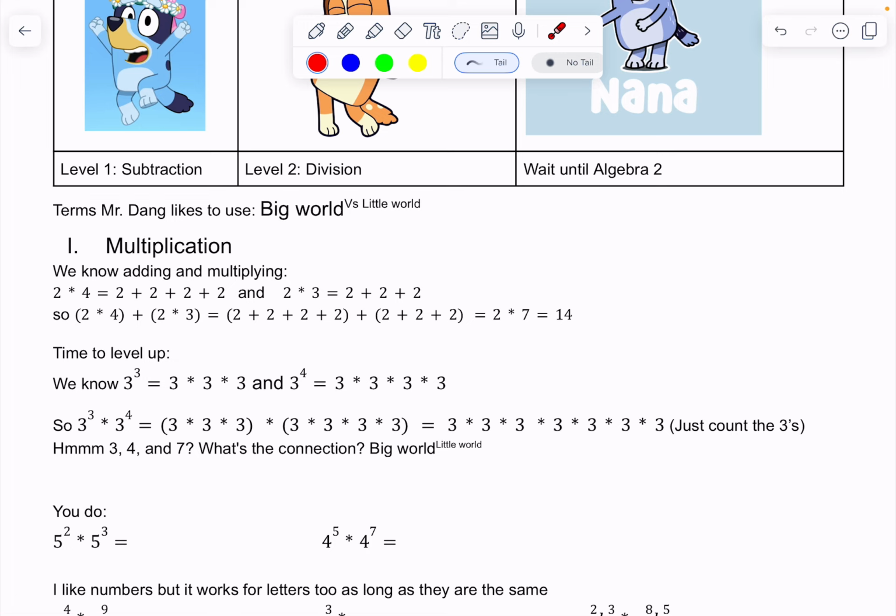I can just take what I had written earlier and plug it in. So I get 2 plus 2 plus 2 plus 2 plus 2 plus 2 plus 2, which if I just count up all my 2's, 1, 2, 3, 4, 5, 6, 7, that is 2 times 7, which is 14. That's pretty straightforward, right? That's how we do addition.